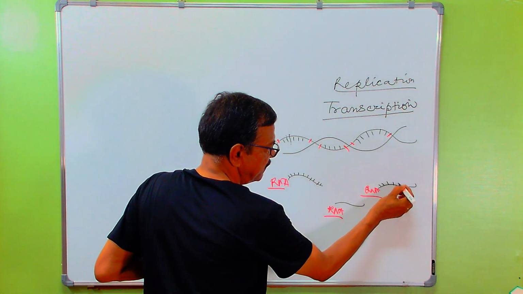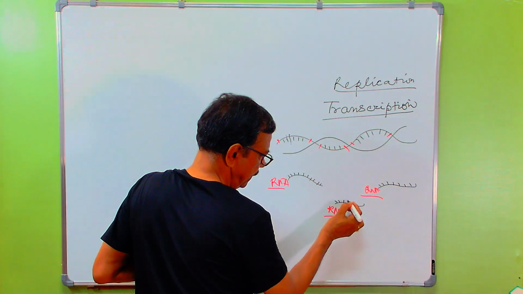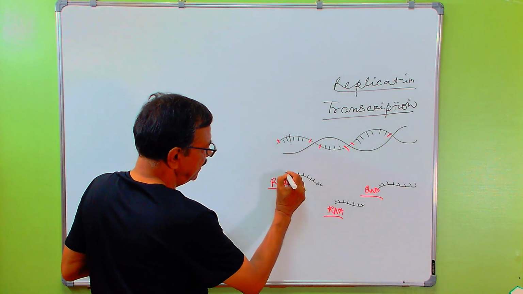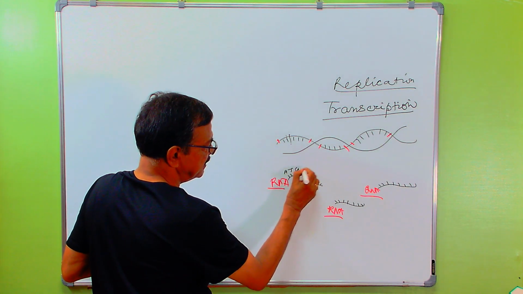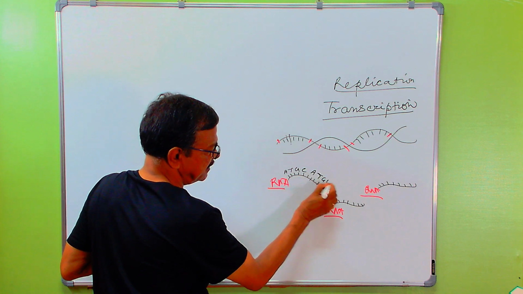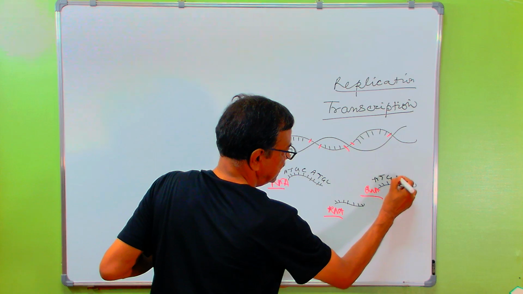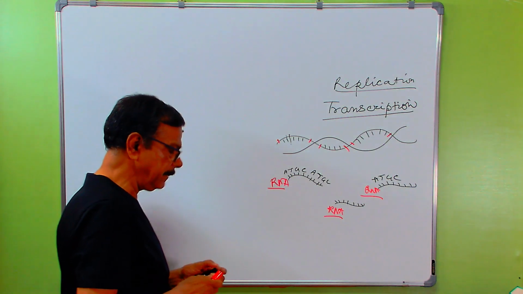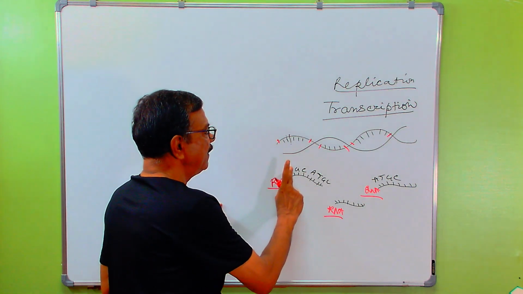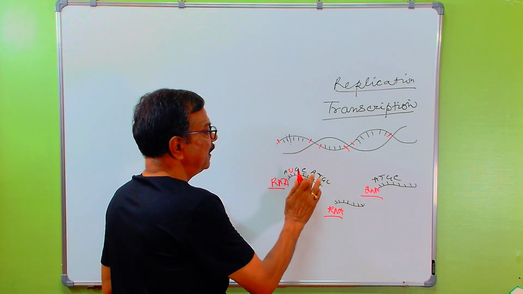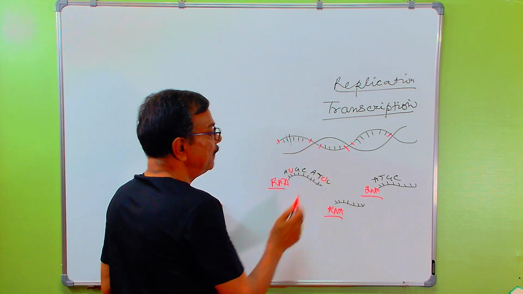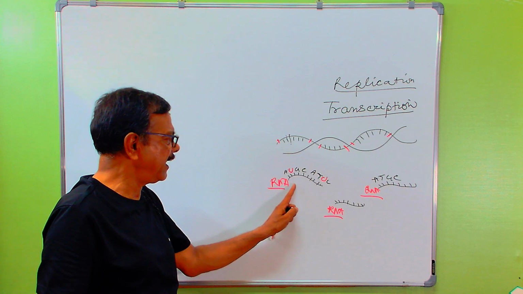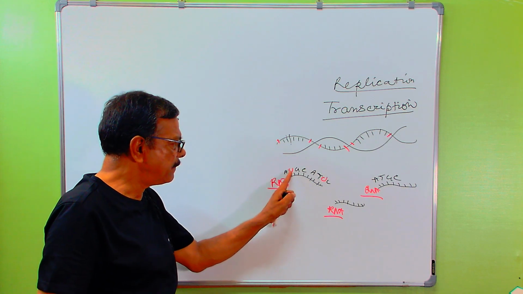It will be A, T, G, C, for example. Here also A, T, G, C will come. But here, T will be replaced by U. Thymine will be replaced by U: A, U, G, C. So from DNA we produce RNA, in which T has been replaced by U.